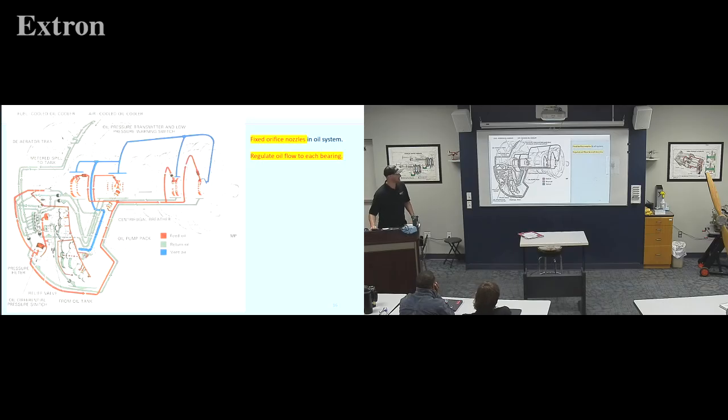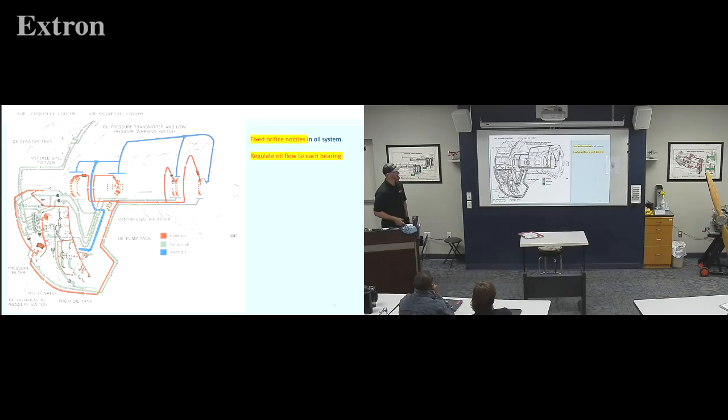JZ talked a little bit about our fixed orifice nozzles that just spray oil onto our bearings. We'd say they regulate oil flow to each bearing. If all we had was a pump and pressure, we wouldn't be able to say, well, how much oil do I want here versus here versus here versus here?